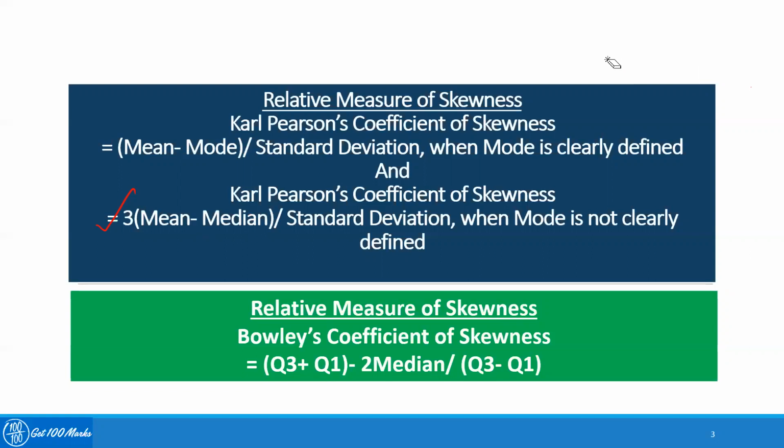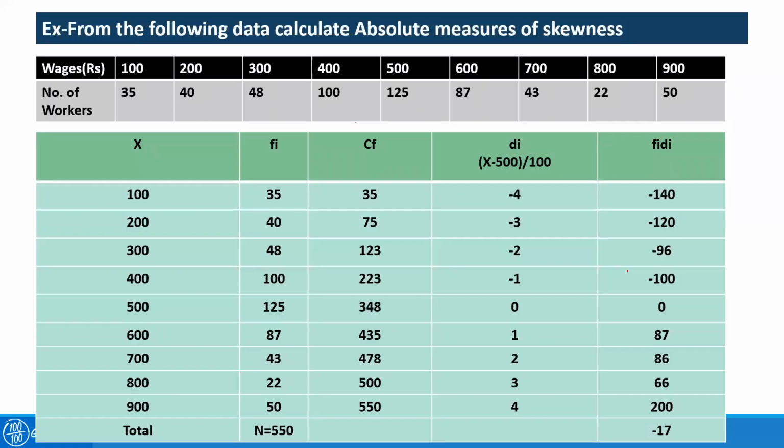The relative measure of skewness based on quartiles is Q3 plus Q1 minus 2 into Q2 divided by Q3 minus Q1. We will do all these measurements by taking different examples. Let's first calculate the absolute measures of skewness taking one example.